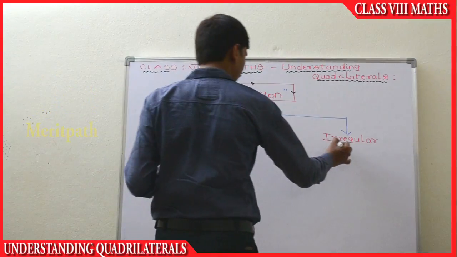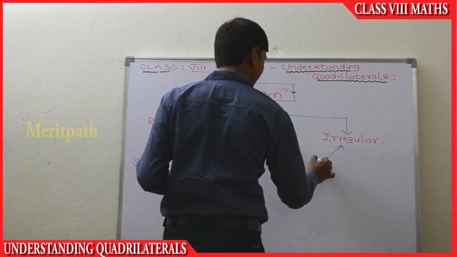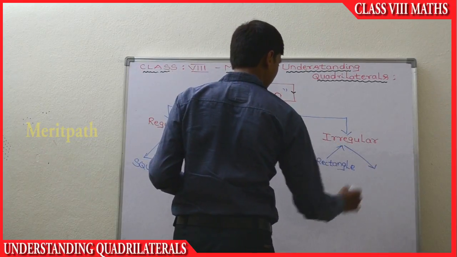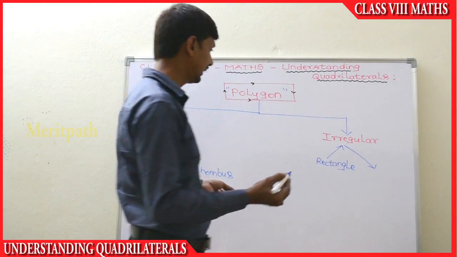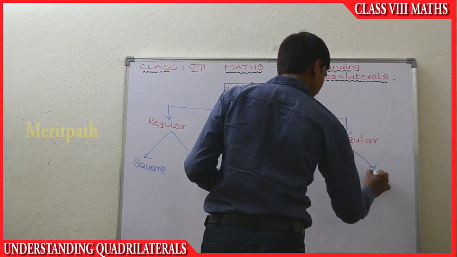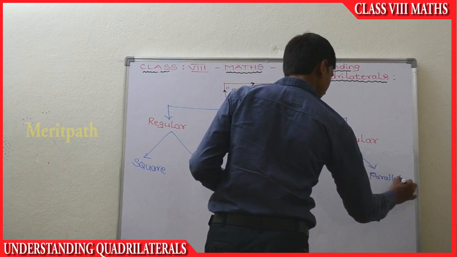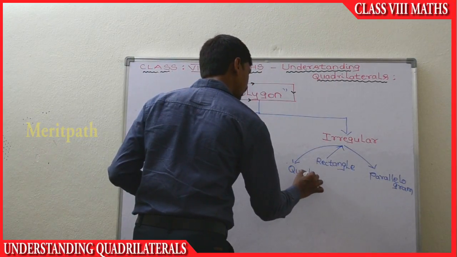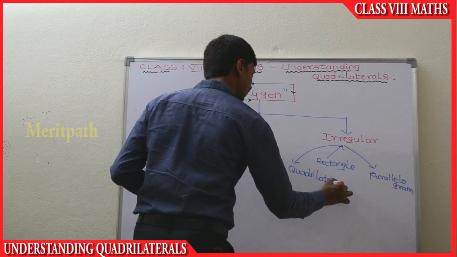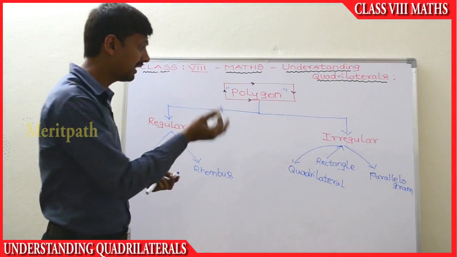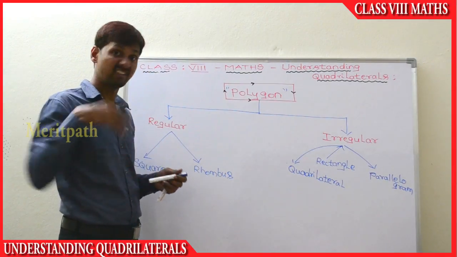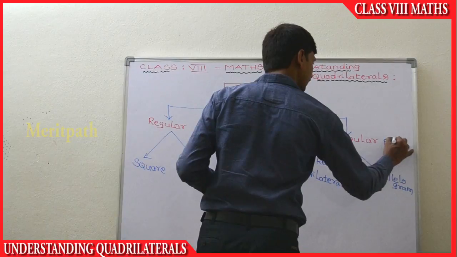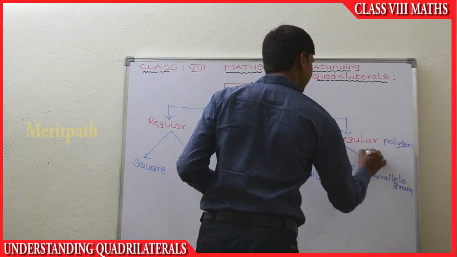If you take, for example, a rectangle, a parallelogram, or any kind of quadrilateral, and anything we can take, these have different sides, and we call them irregular polygons. These are formed with different sides.